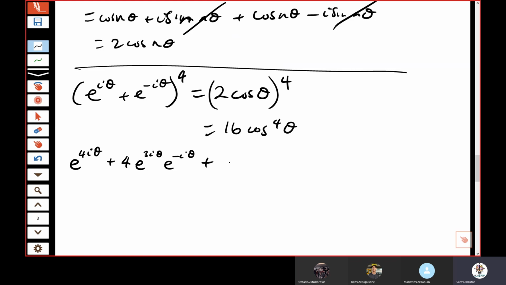Is it 6? Yep. 1 plus 3, 3 plus 3, yeah, 6. e^(2iθ)e^(-2iθ), everyone's with me? Plus 4e^(iθ)e^(-3iθ), and the last one is e^(-4iθ).